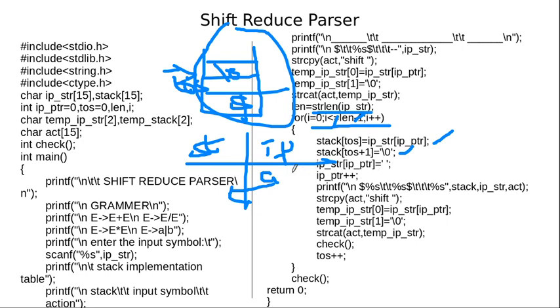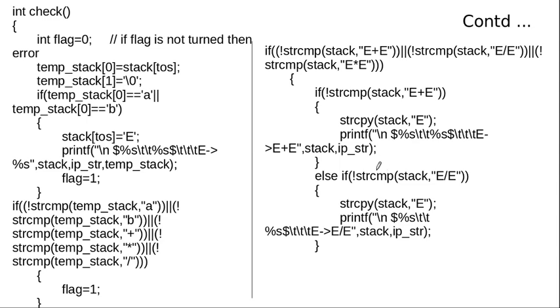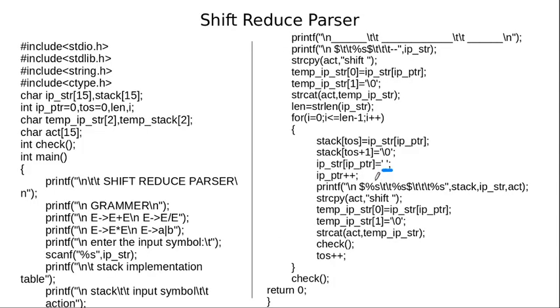For that purpose I am using input string of input pointer. The current input pointer character I am going to remove, considering it as white space. After that, my input pointer is incremented by 1, and I am going to print the entire thing.